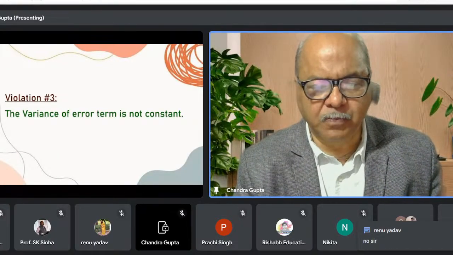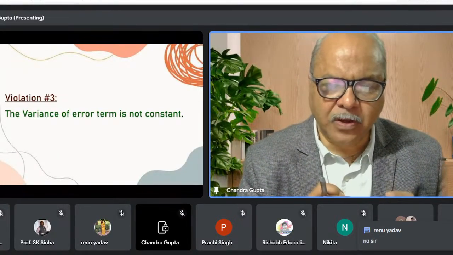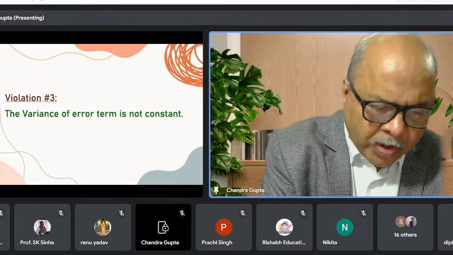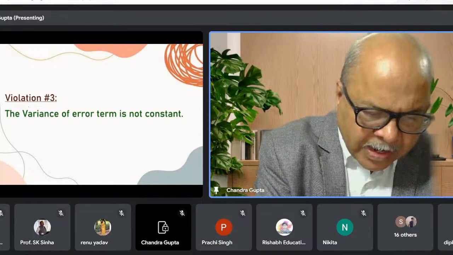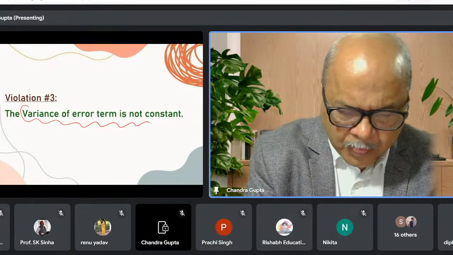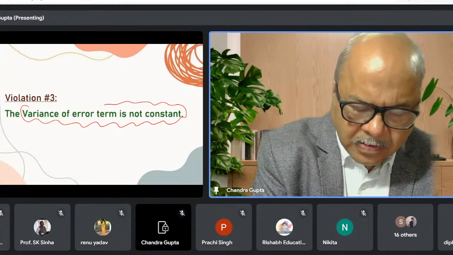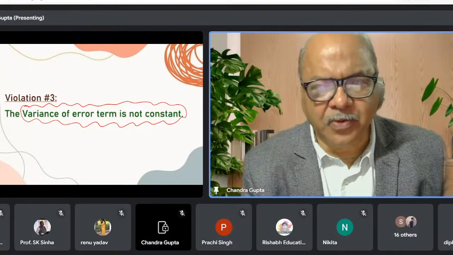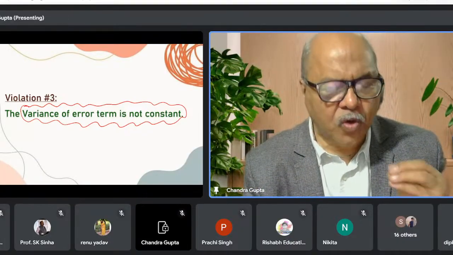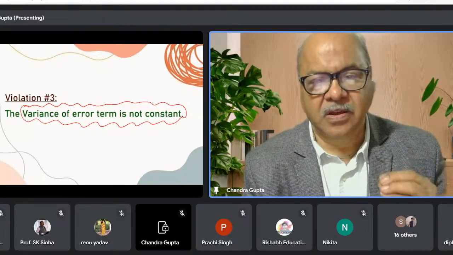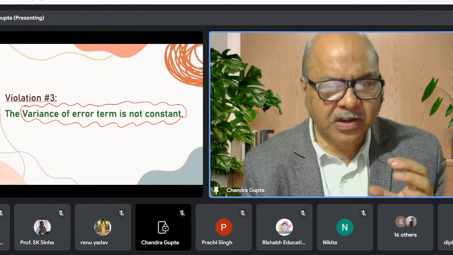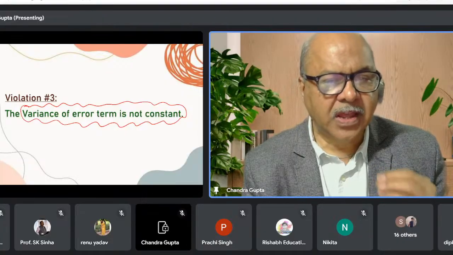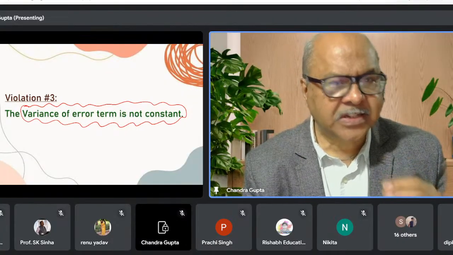Okay, no. So let's move to another very, very important violation of the assumption, and that is what if the variance of the error term is not constant. If the error term variance is constant, we say homoscedasticity. Homo means constant variation. And if it is not constant, we say heteroscedasticity.